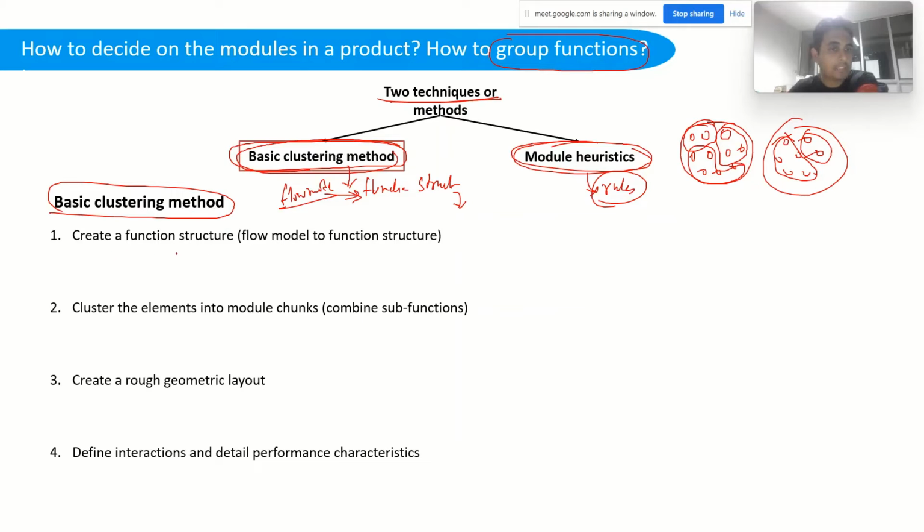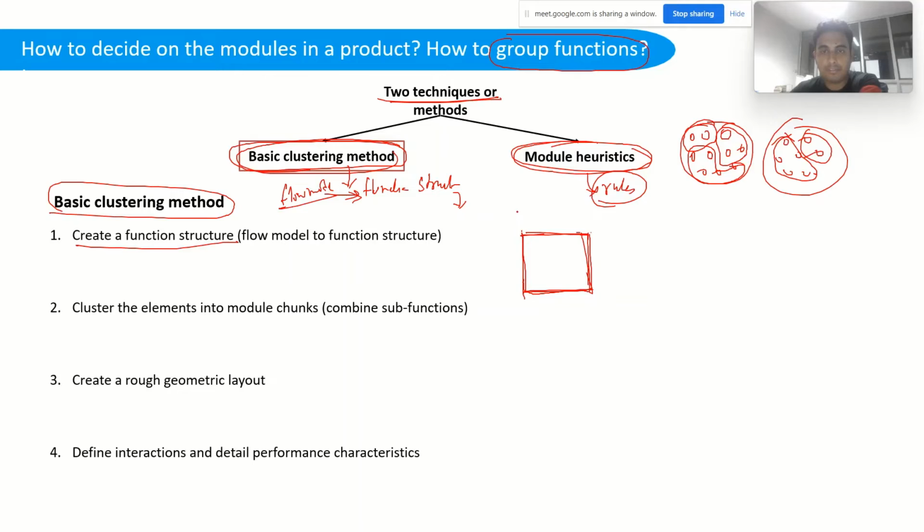In the basic clustering method, we first create a function structure. Do you remember what a function structure is? Generally a function structure has input and output, and in between we get a tree structure or function tree structure.